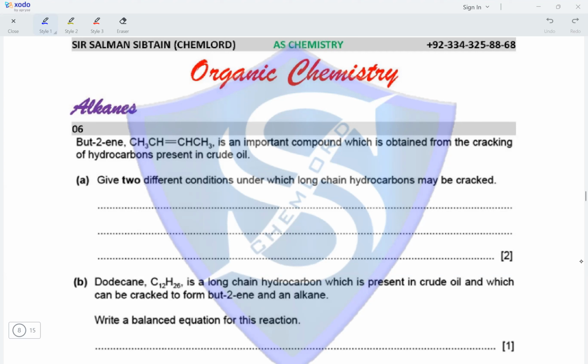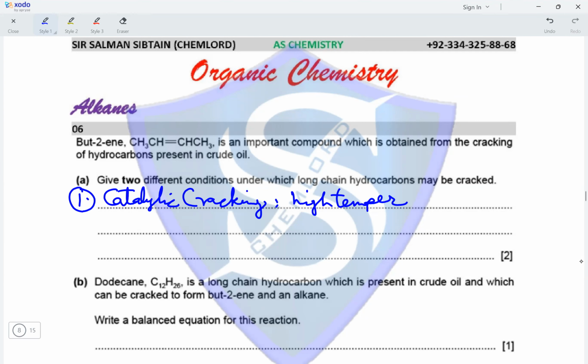So the two different conditions are, one is catalytic cracking, which uses high temperature and catalysts. Examples of these catalysts include SiO2 or Al2O3, but is not limited to the use of these two only.